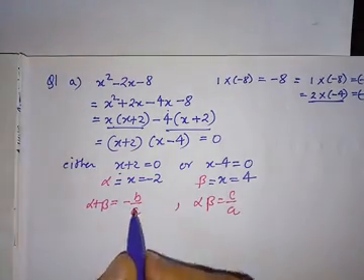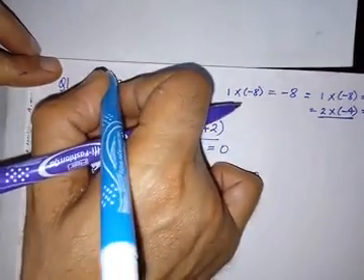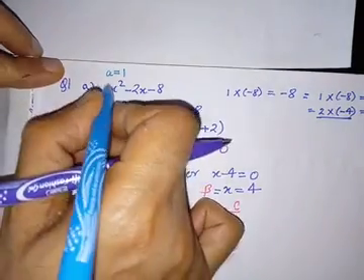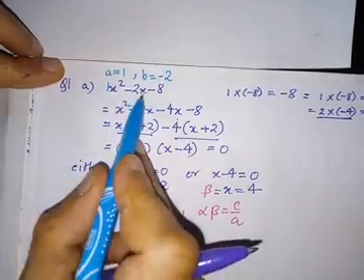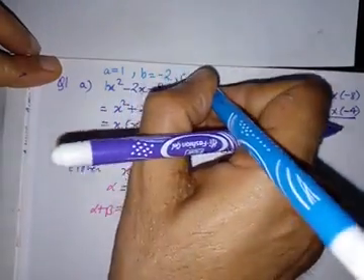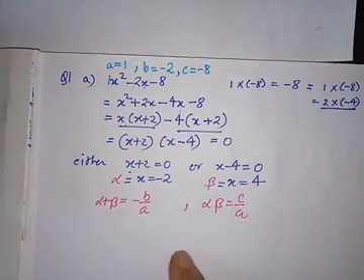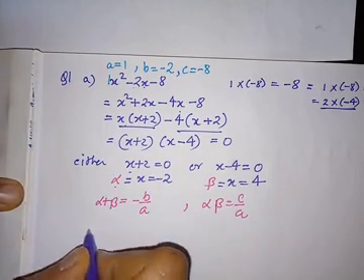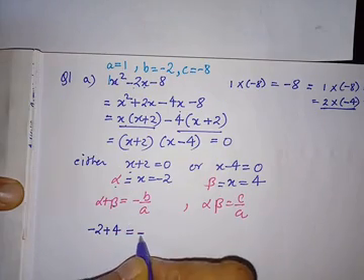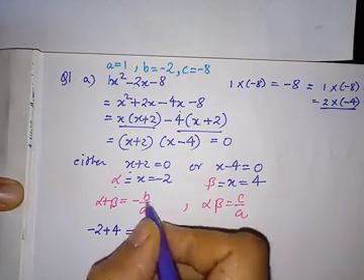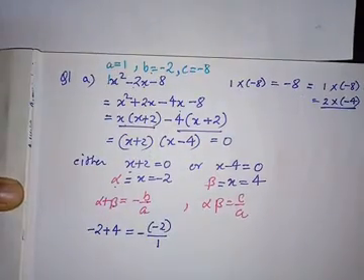Now from the equation we have a equals 1 because the coefficient of x square is 1, b equals minus 2 because the coefficient of x is minus 2, and c equals minus 8. So let us substitute the values here. Alpha is minus 2, beta is 4, minus b is minus of minus 2, and a is 1.